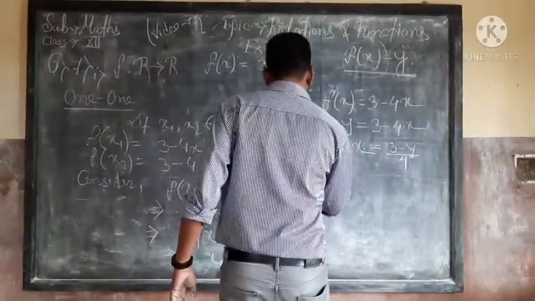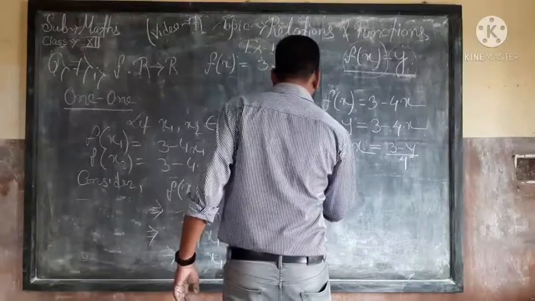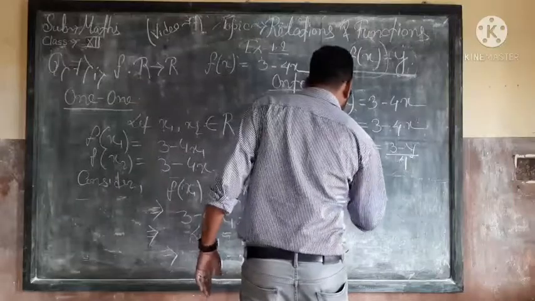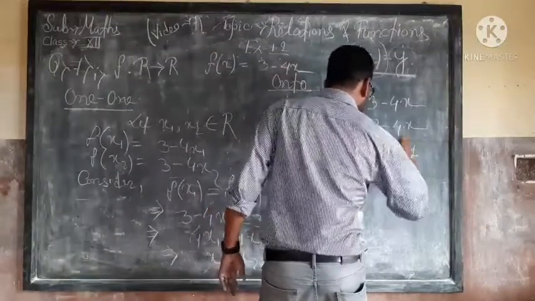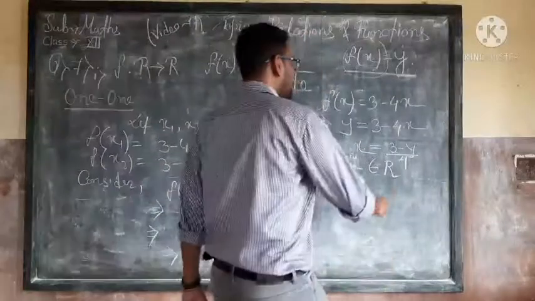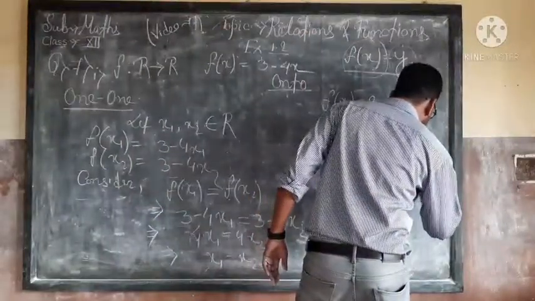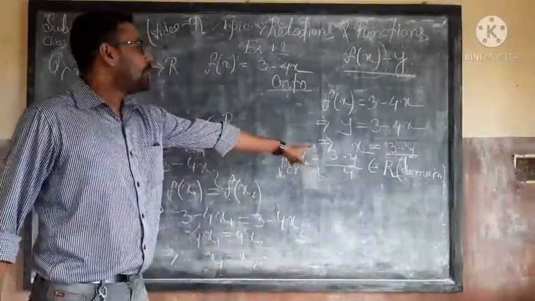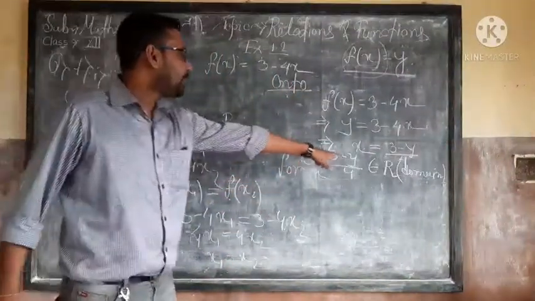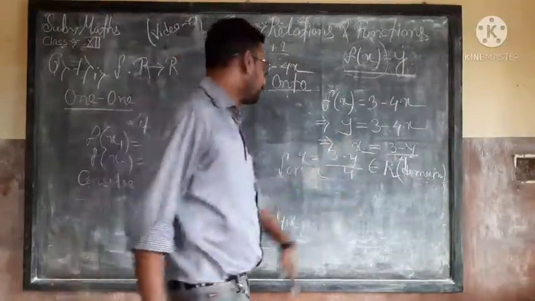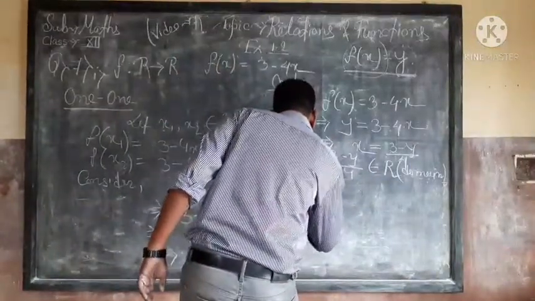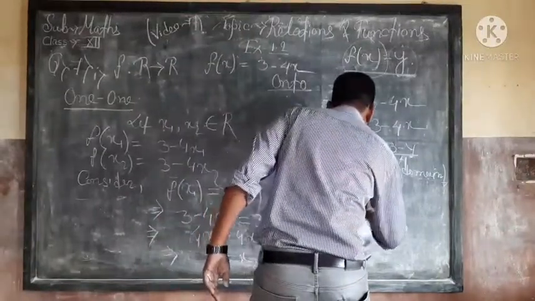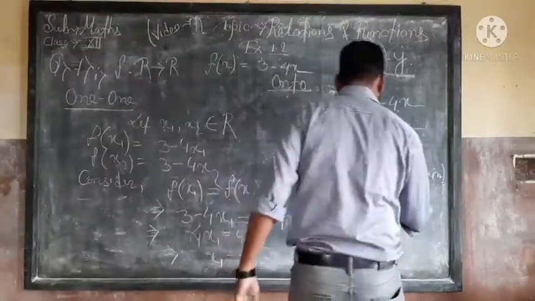So this x is equal to 3 minus y by 4, which belongs to R, that means the domain, and this y belongs to the codomain.